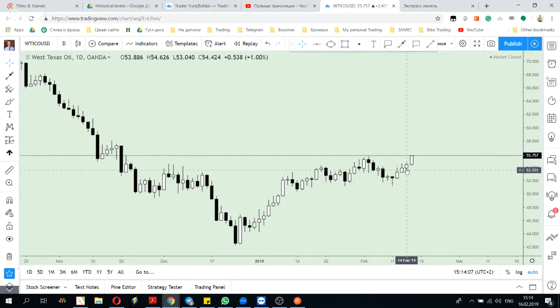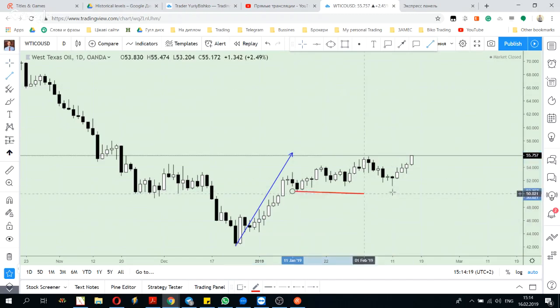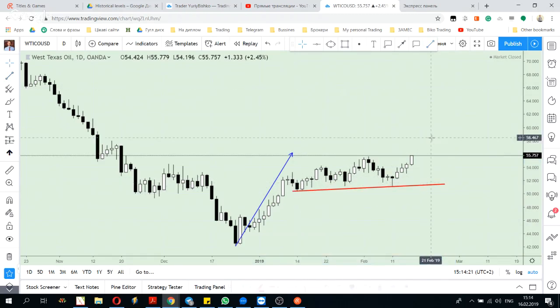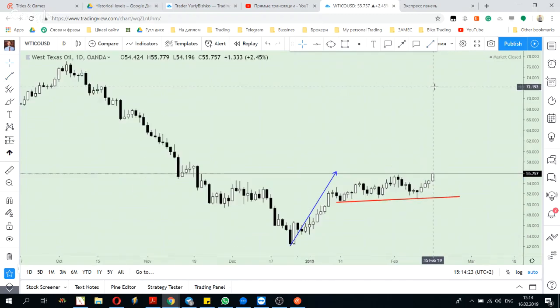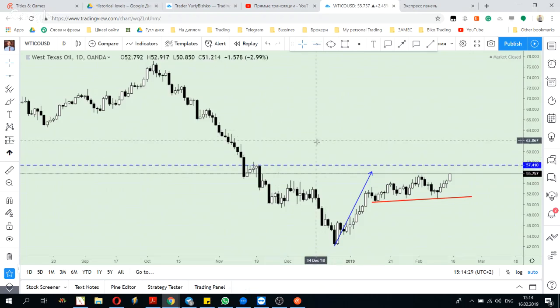Oil can start an up move, can continue the up move. As we see, oil still has this uptrend from this low, and there is a big chance that oil will make an up move. And when oil moves up, there is a big correlation between oil and Canadian dollar.